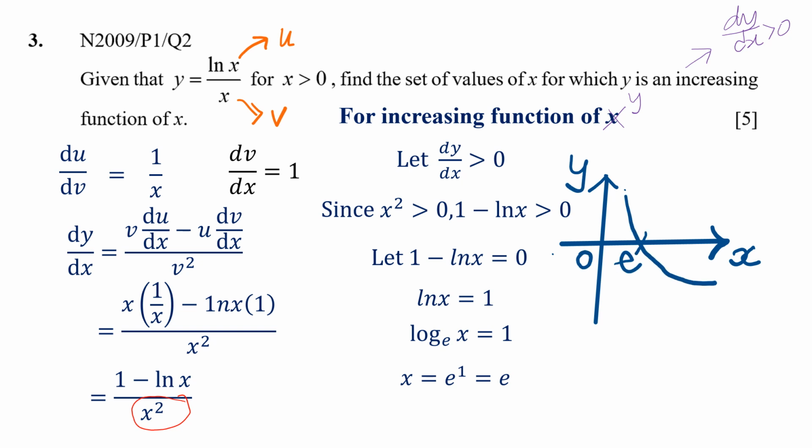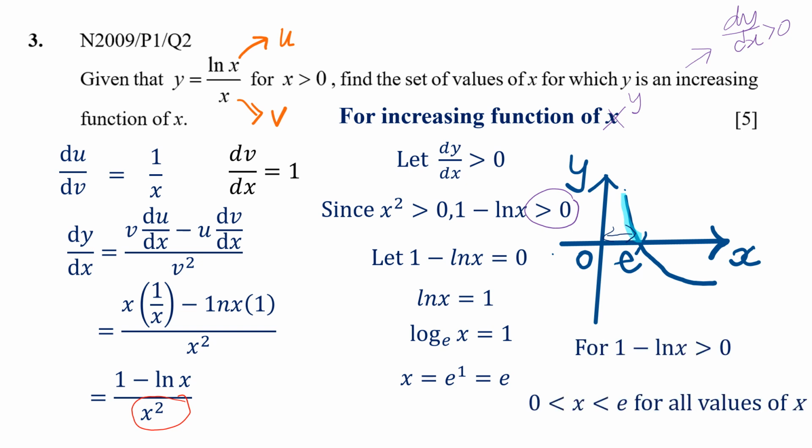This is how your curve would look. For the curve to be positive, we're looking at this part of the curve, the one highlighted in blue. For that, x will have to be between 0 and e. So this is how we solve question 3.